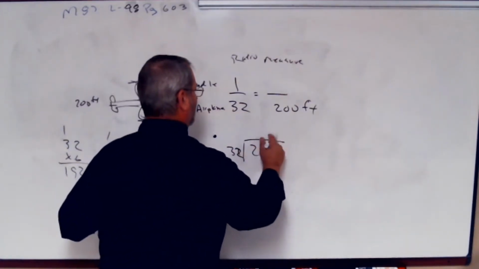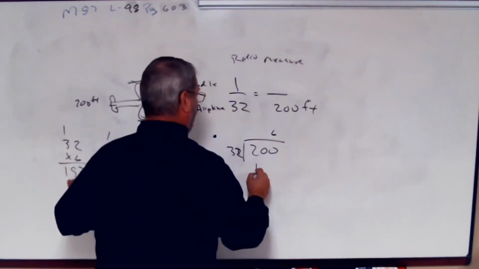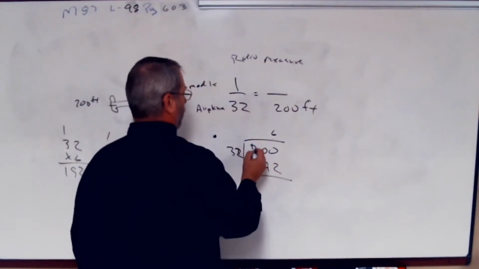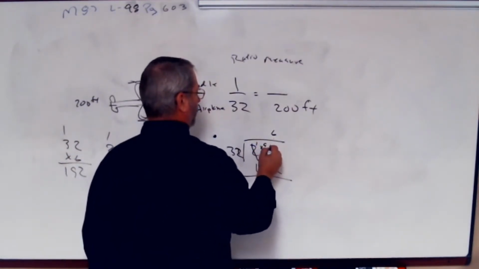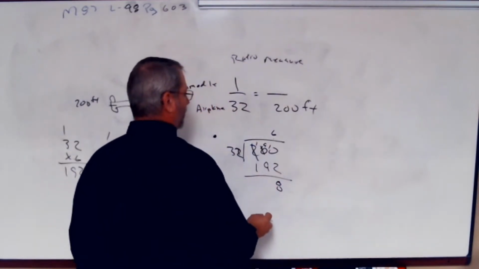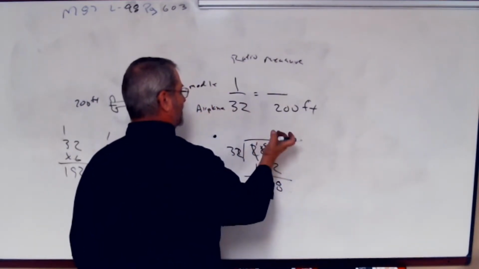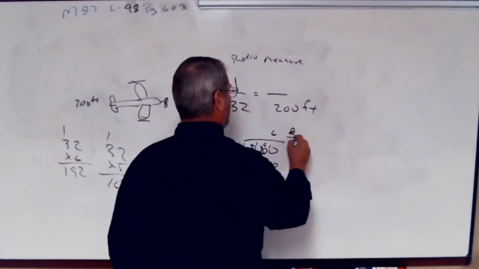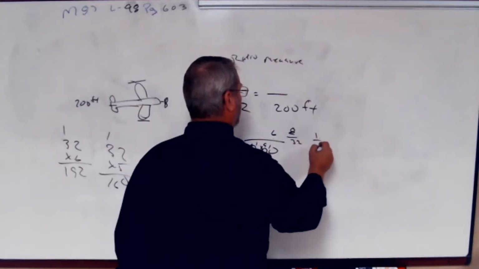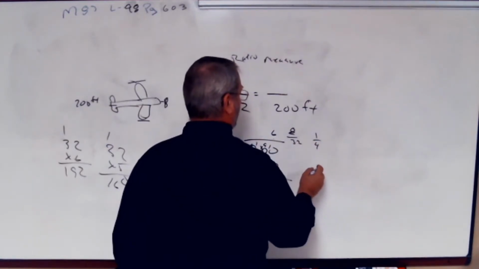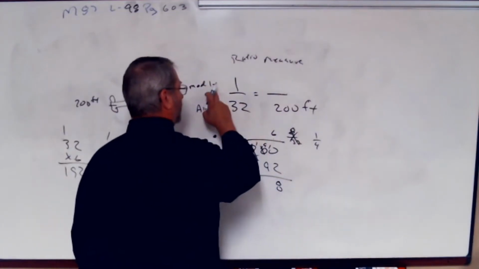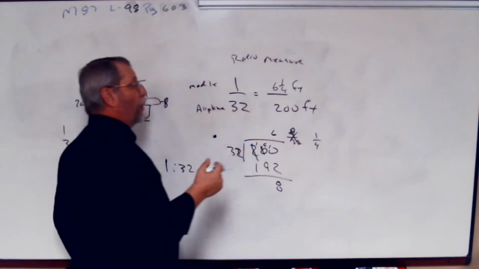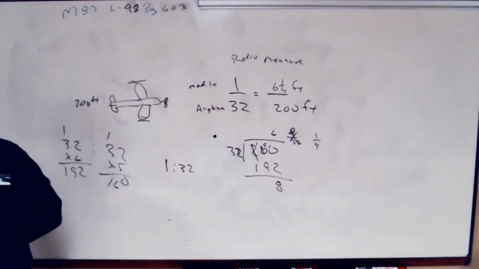So if we go 6, we get 192 and you subtract, so this is going to be 8 right here. So it's 6 feet and 8 over 32, which is 1 over 4. So the model is going to be 6 1/4 feet long. See how I do that, going back and forth like that?